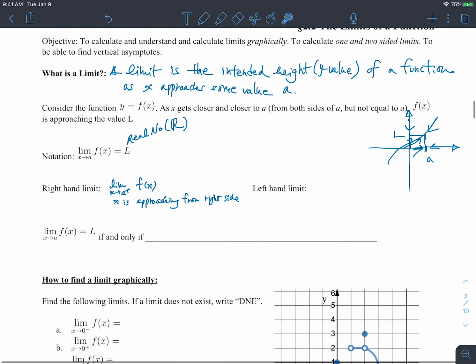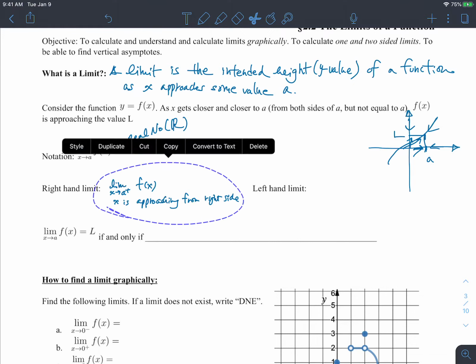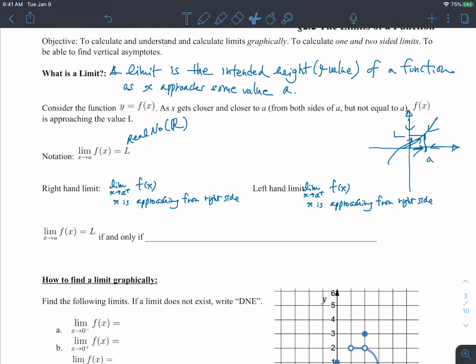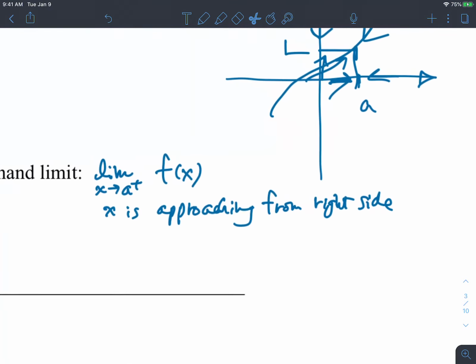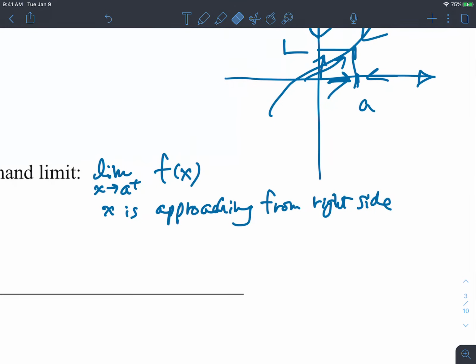What we may also have is something approaching from the left, and then we would put a negative sign, and we would say that it's approaching from the left side.